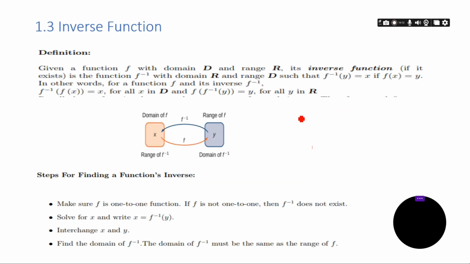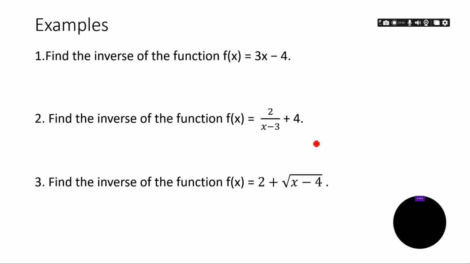Inverse function, the steps I told you. To find the inverse of a function, let y be equal to the given function. Step 2, express it as x equal to what, find x. Next, x goes to y and y goes to x. So the inverse we have done this one: let y be equal to 2 over, this is step 1.